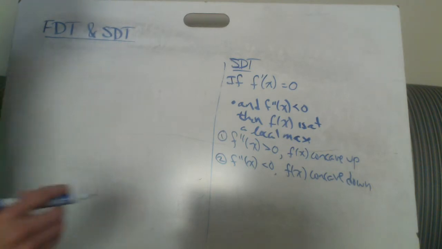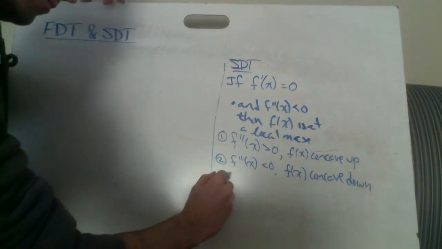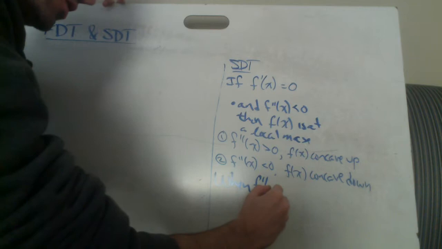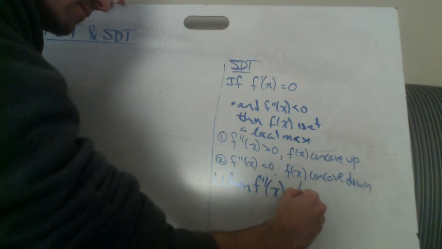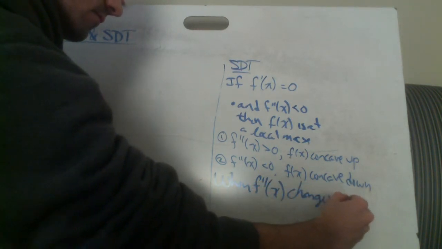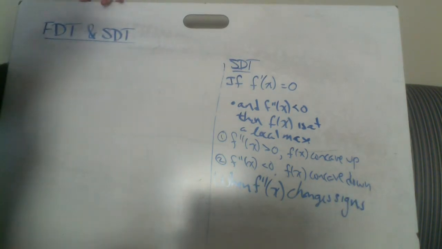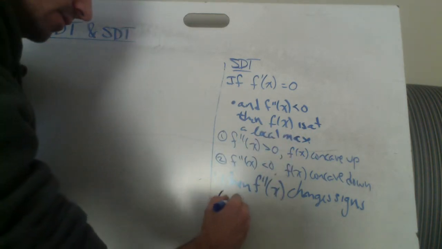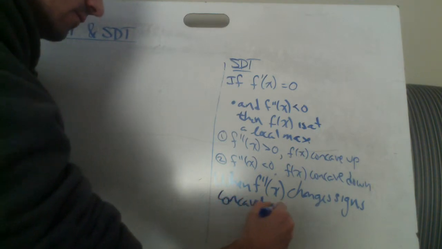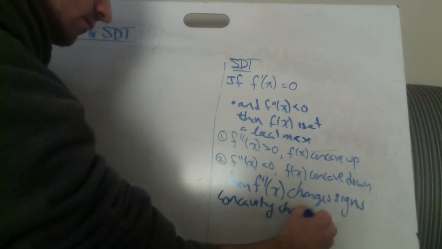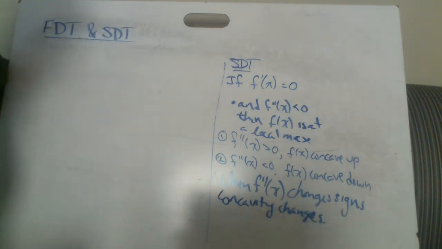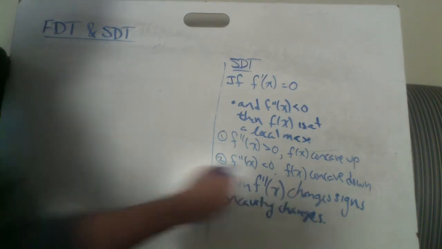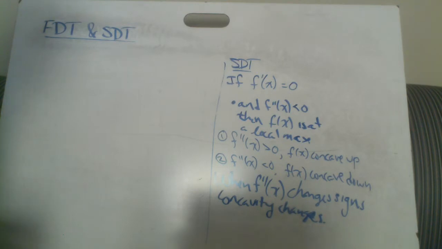So too here, when f double prime changes signs, that means that we're going from positive to negative or from negative to positive. That means concavity changes. This, right here, when this changes signs, is when we have a point of inflection.